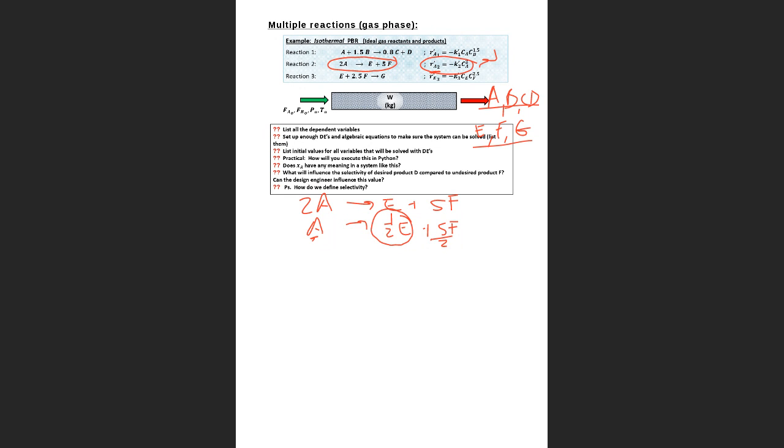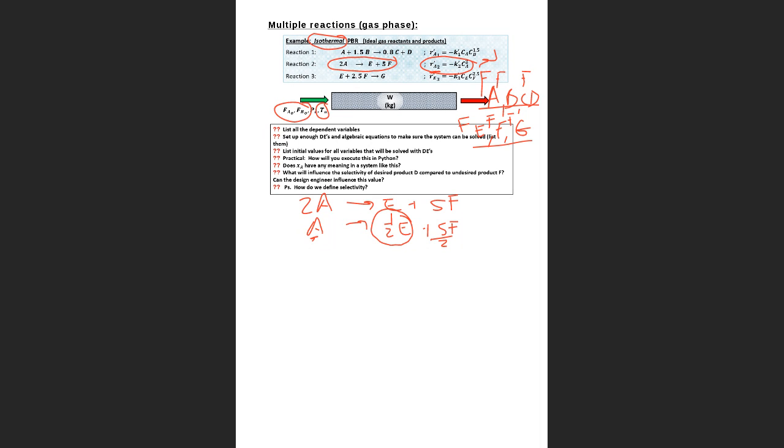But okay, I've got lots of components, of which the molar flow rates will be changing along the length of my reactor. I just start with pure A and B. This is still isothermal, so the temperature is not a variable, it is a constant.